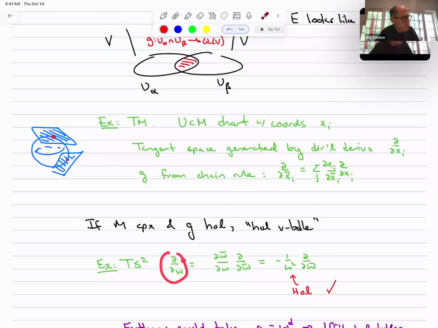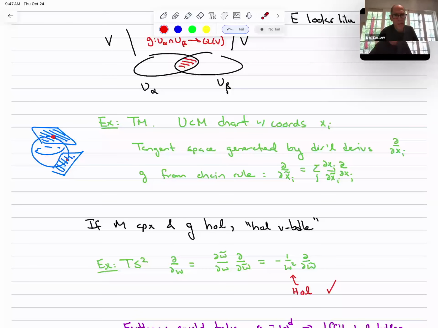The chain rule says d by dw is d by dw twiddle times dw twiddle by dw. So we have a 1-by-1 complex Jacobian matrix, but we know that w twiddle is 1 over w. So dw twiddle by dw is minus 1 over w squared, which is a holomorphic function, a complex analytic function of w.